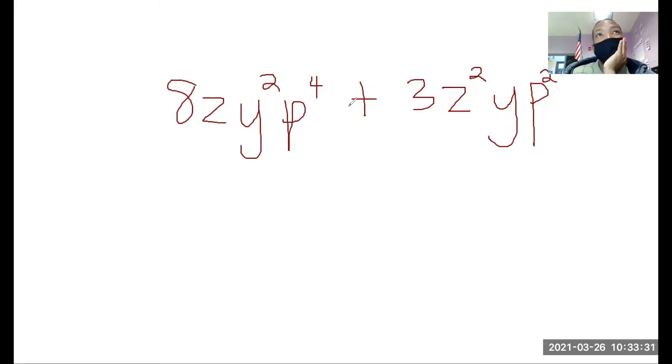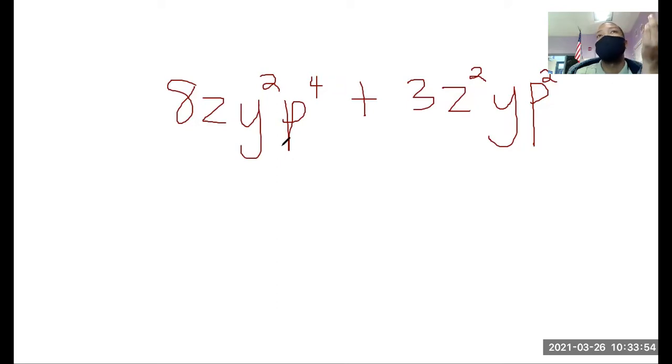So we're gonna look at 8 and 3, and we're gonna see what is the greatest common factor between 8 and 3. What can go into both of these numbers without leaving a remainder? Yes, it's 1.